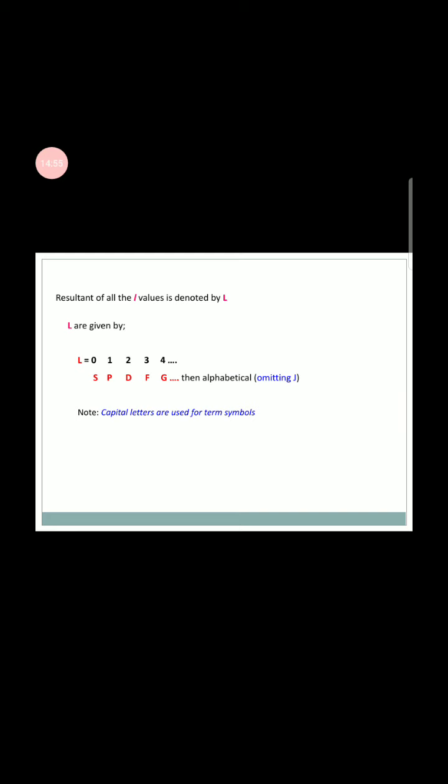The resultant of all the L values is denoted by capital L. L equal to 0 is represented as S, L equal to 1 is represented as P, L equal to 2 is D, L equal to 3 is F, L equal to 4 is G, then continue alphabetically, omitting J. Note that capital letters are used for term symbols; no small letters are used in this case.